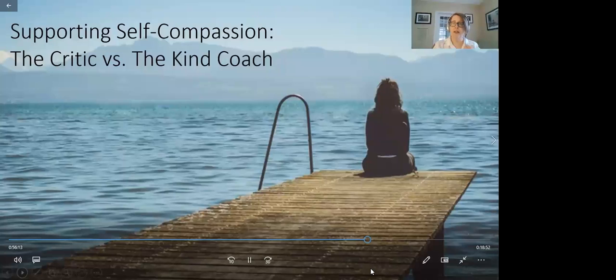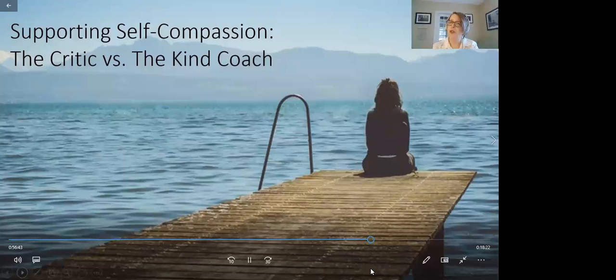Now, this exercise is particularly useful for folks with perfectionism, who are sometimes very attached to the idea that they have to have a critic, otherwise they won't excel. And to do this kind of experiential exercise really highlights, well, which one's more effective? When you think about these two voices, which one are you more willing to work for?